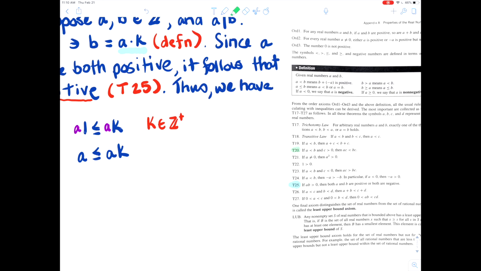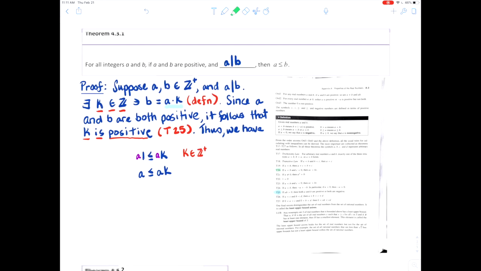So here we basically had the situation where 1 was less than or equal to K. A is positive, so A is like the C in this theorem. So basically A times 1 will still be less than or equal to A times K. All right, so that's by theorem 20.